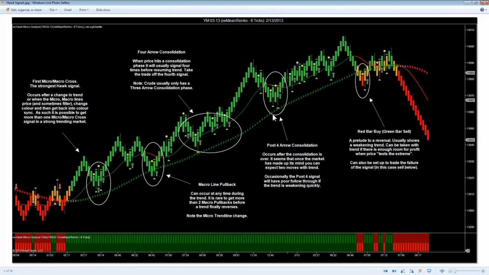The post-consolidation signal, which coincidentally also happens to be a macro pullback. And then we have a red bar buy or a green bar sell at the end of the trend. Those are the high probability signals for the Hawk.